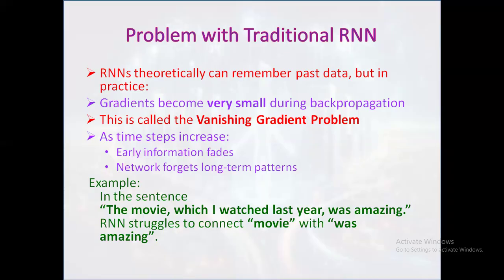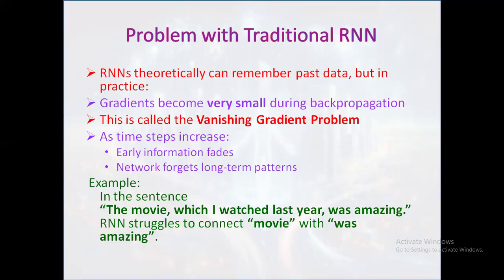However, during training, RNNs use backpropagation through time, and the gradients, which carry learning signals, get multiplied repeatedly. When these gradients are less than 1, what will happen? They shrink exponentially as they move backward in time.